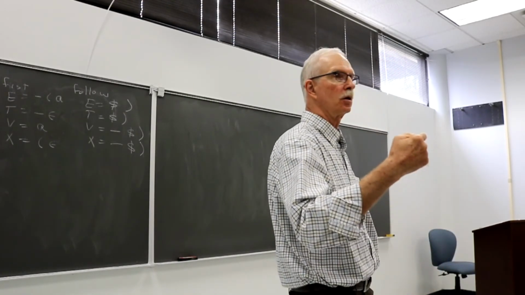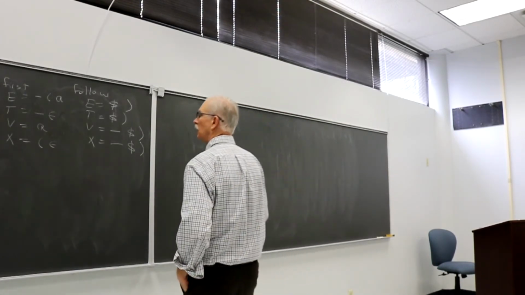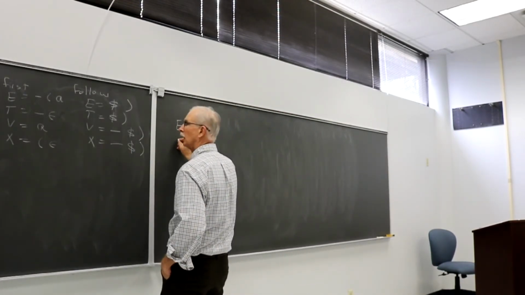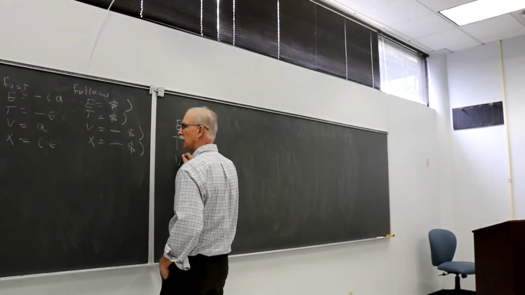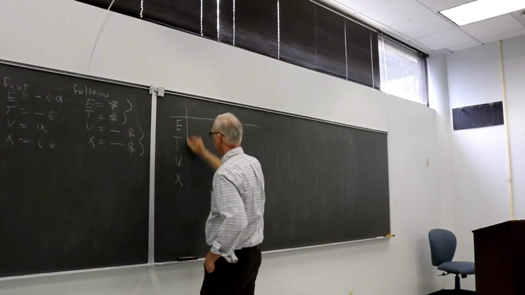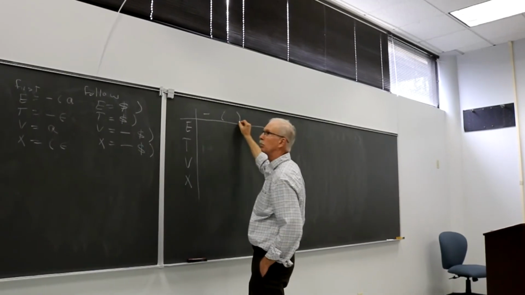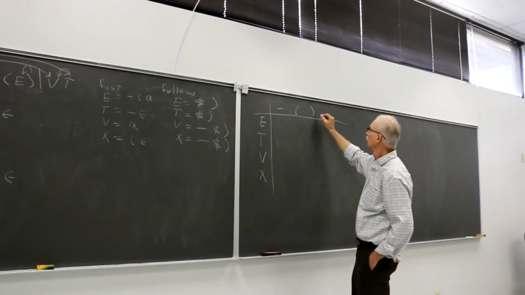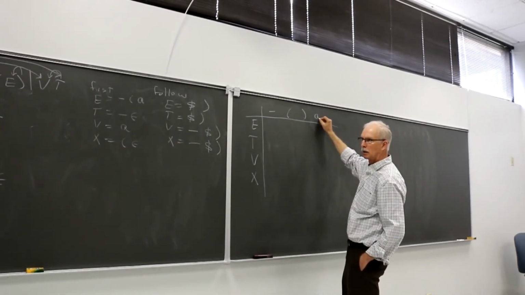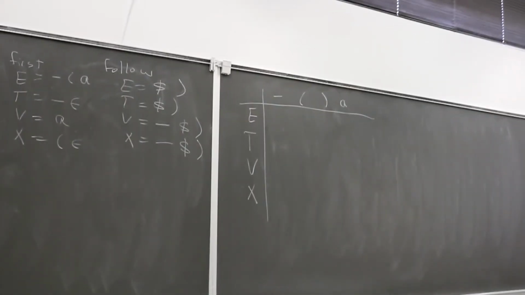The step is to build a table. And so I get in my table E, T, V, and X. They label the rows. And minus, paren, A label the columns. So I have my non-terminal labeling the rows and my terminals labeling the columns.